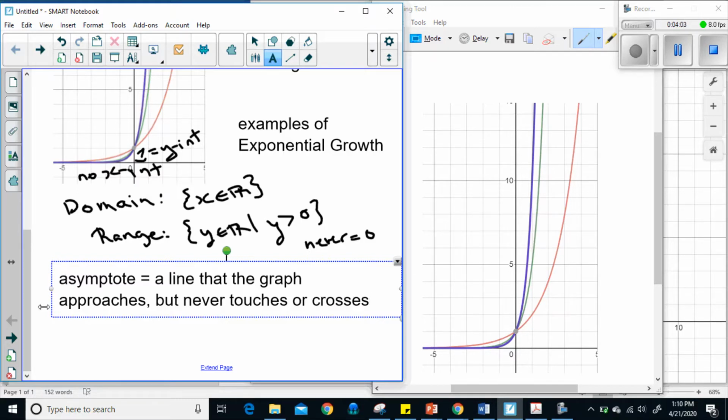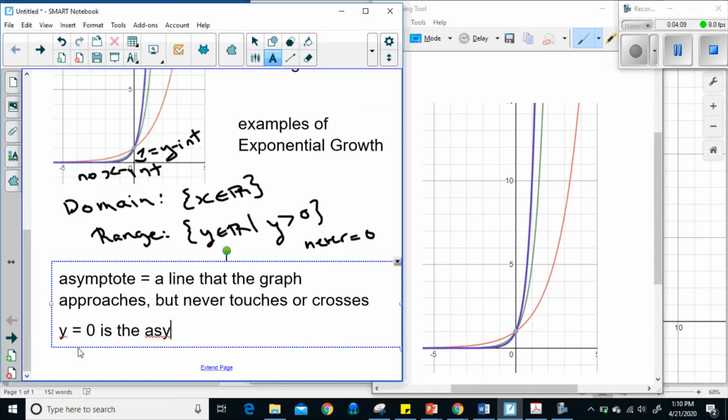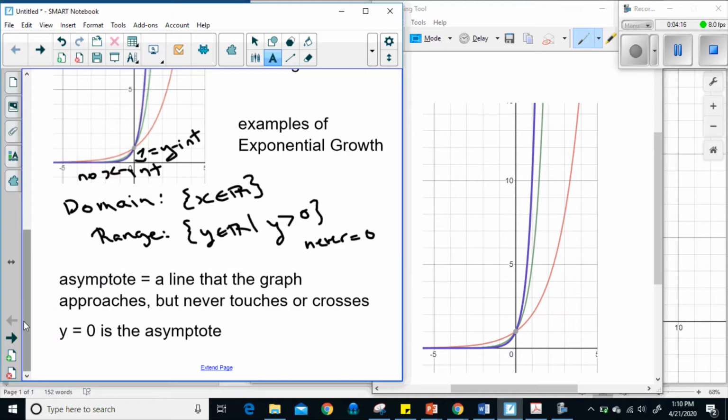It never crosses it. It never touches it. It never crosses it. So for these guys, y equals 0 is the asymptote, because it never crosses the x-axis. Okay, so now let's look at a few more and see what else we see.